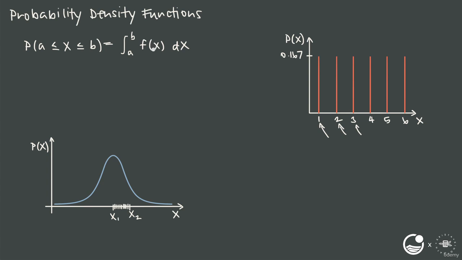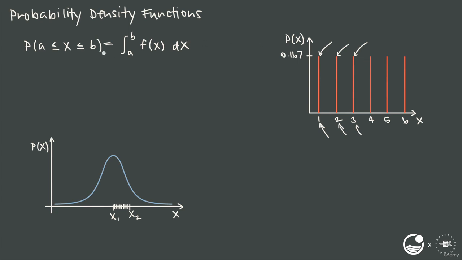Notice here also that now that we're switching to a continuous random variable, when we're calculating probability, we have to calculate probability over an interval a to b. Whereas with the discrete random variable, we calculated the probability of a specific value, one value at a time. So here we had the probability of rolling a 1, the probability of rolling a 2, the probability of rolling a 3.